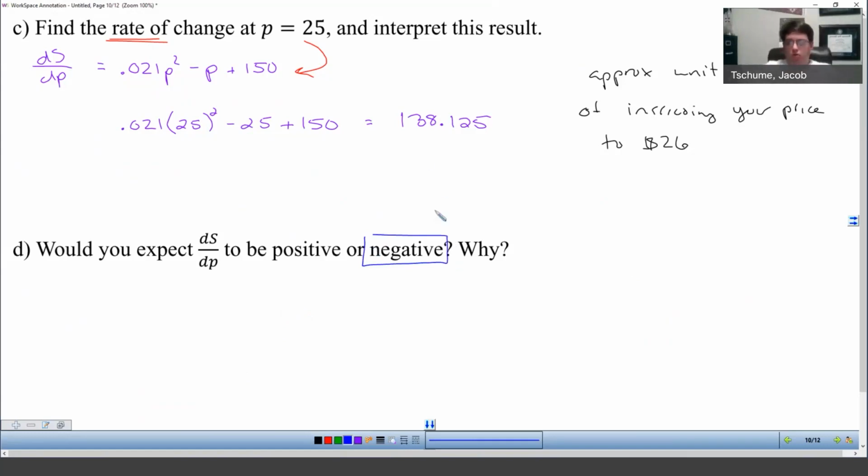You would expect your approximate units to decrease when you increase price. So why? Like I just said, if price goes up, normally units go down. This is a little bit weird to see price go up and your units to also go up. That could be for a number of different reasons, such as it's really, really demanding, whatever you're trying to sell. But on the everyday item, that's usually not going to happen.